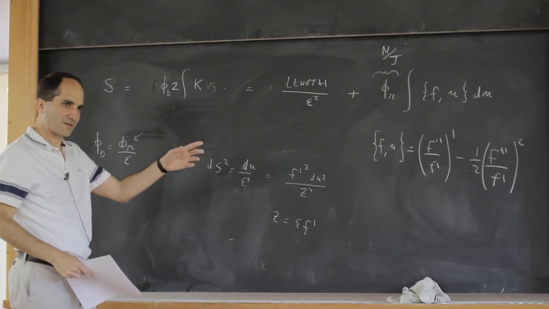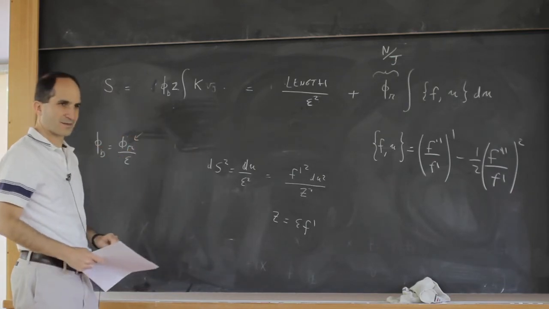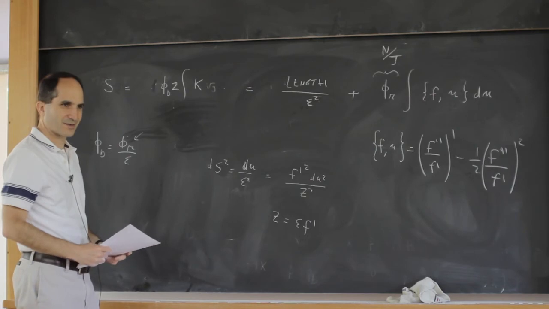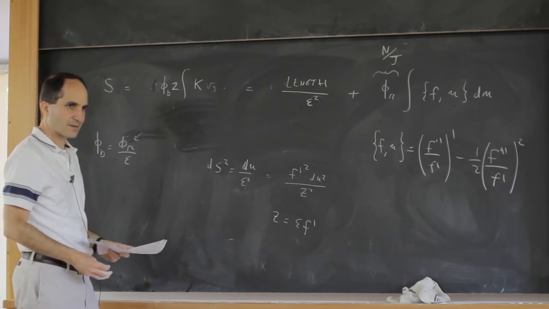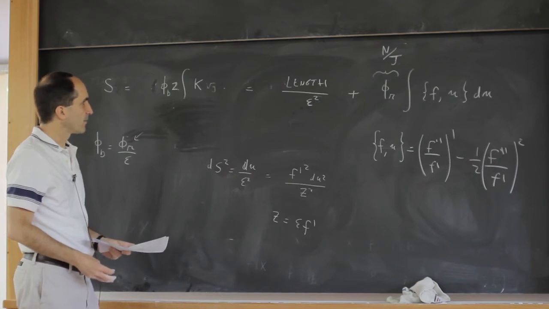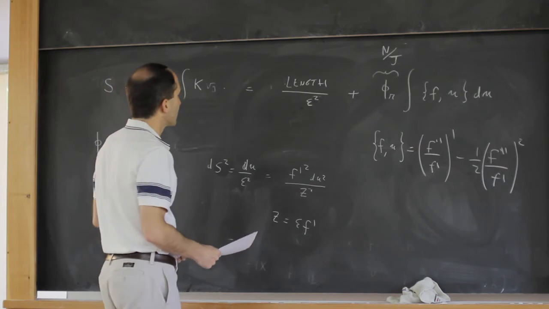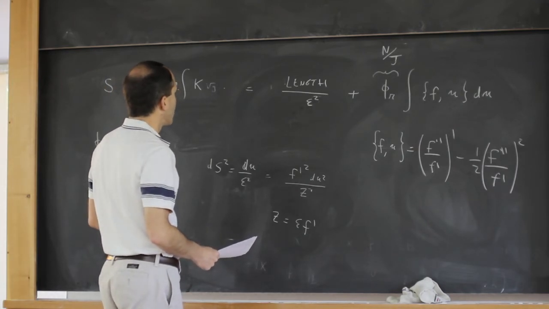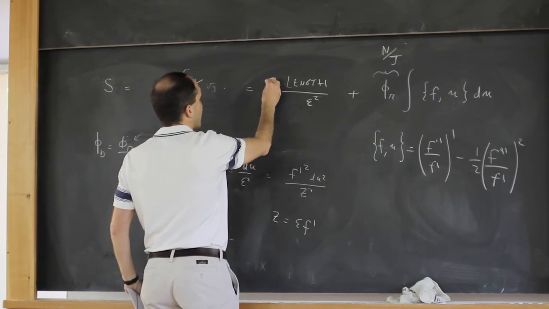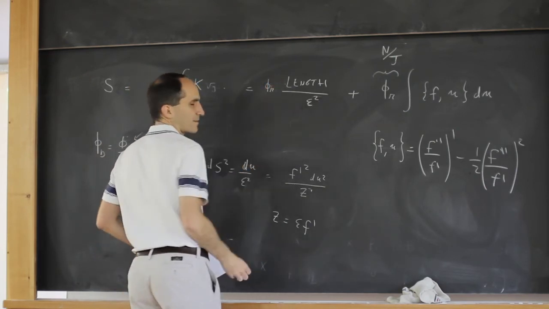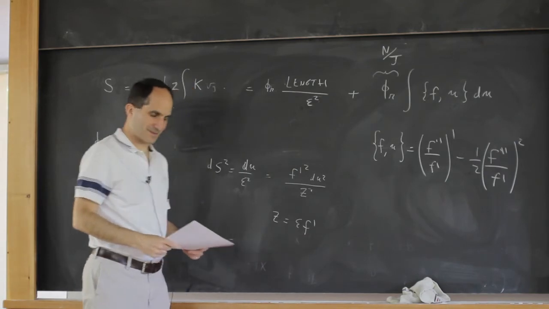One of the epsilons comes from the length, and the other one comes from this phi b, that has a 1 over epsilon. That's why we got 1 over epsilon squared. The dimension of epsilon is square root of length. Yeah, and there is a phi r here, so now it has the right dimensions.